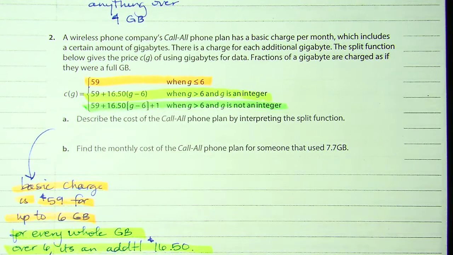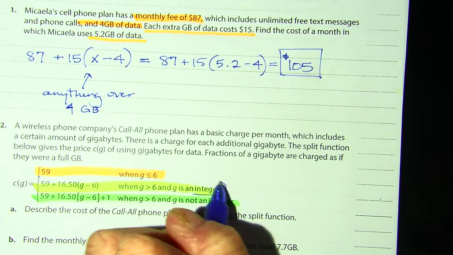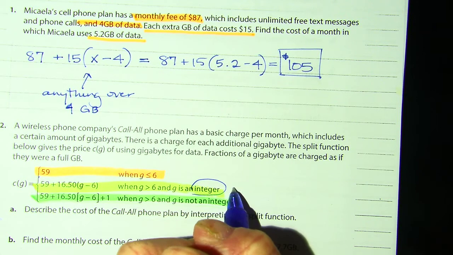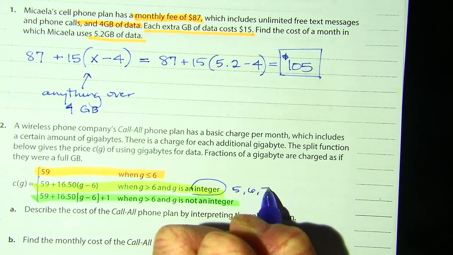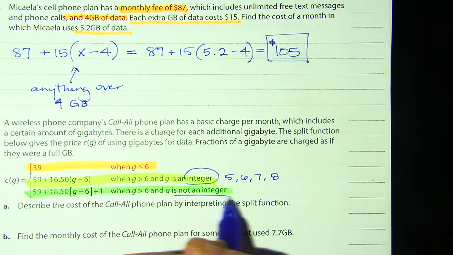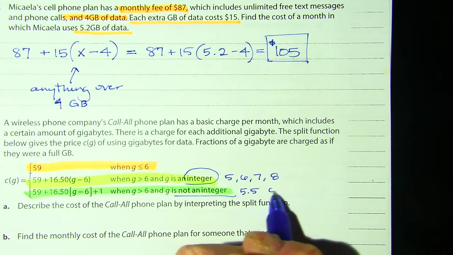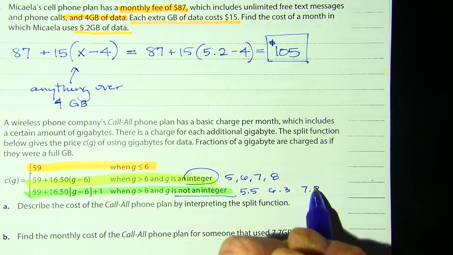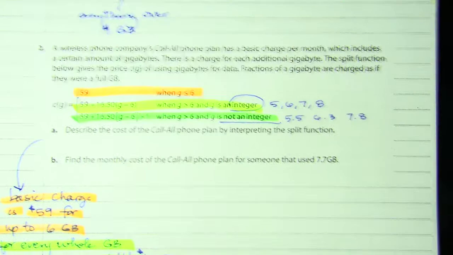So remember, an integer would be like 5, 6, 7, 8. Not an integer is like 5.5, 6.3, 7.8, okay? It's not a whole number.